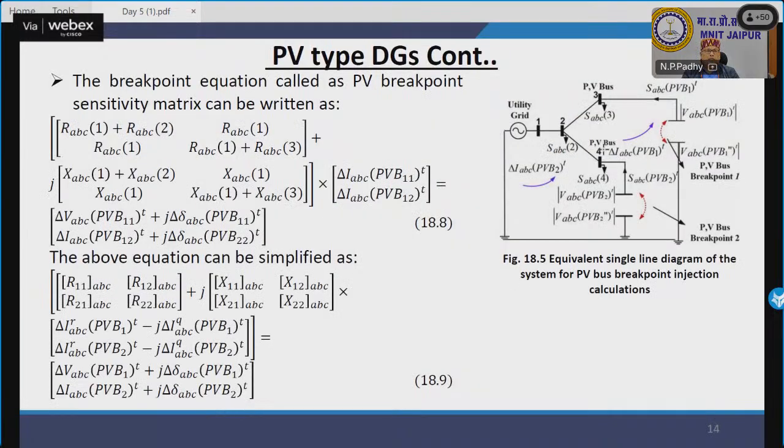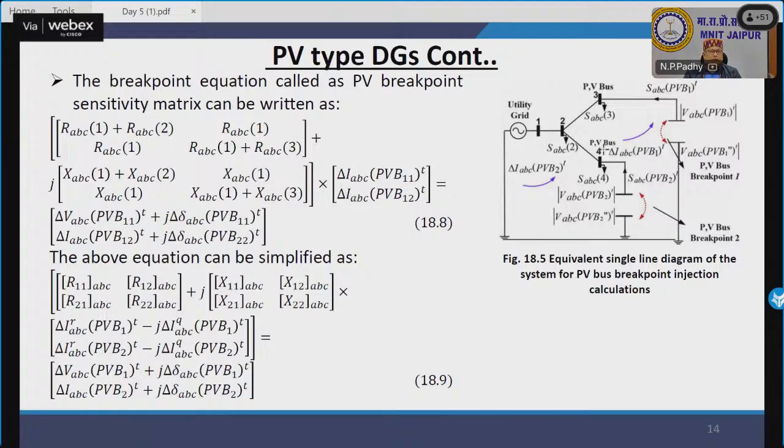Now, the breakpoint equation, called the PV breakpoint sensitivity matrix, can be written as equation 18.8, where you could see the resistance matrix plus j times the reactance matrix, which is the impedance, multiplied by the current matrix, which is I ABC, will give you the voltage matrix plus the change delta ABC.